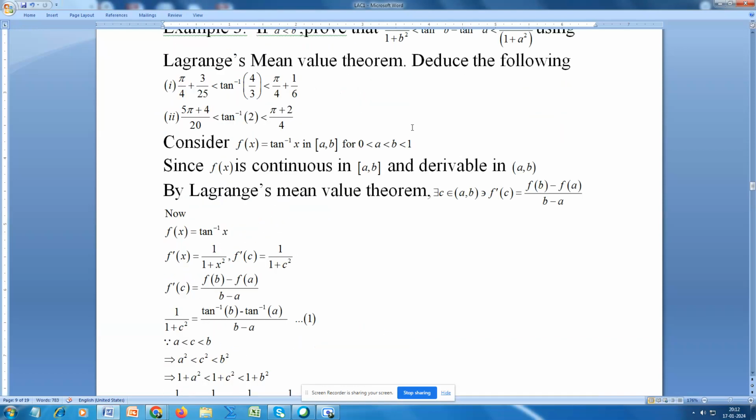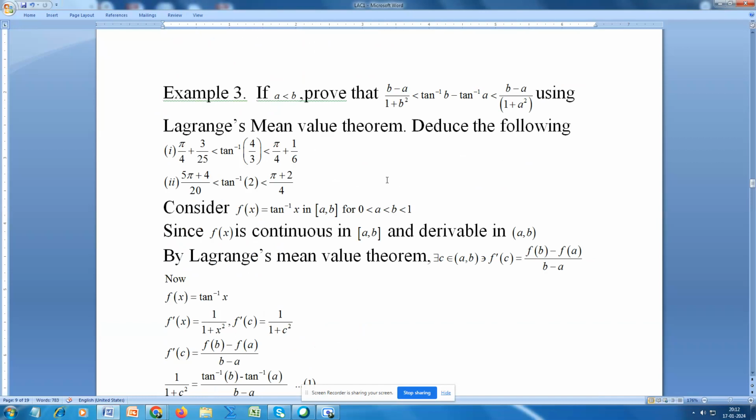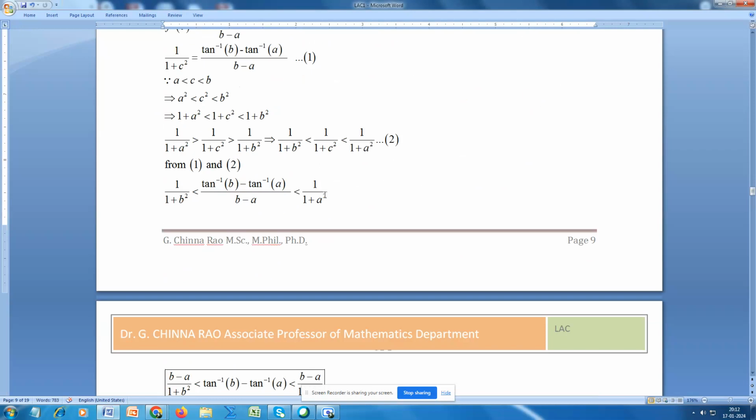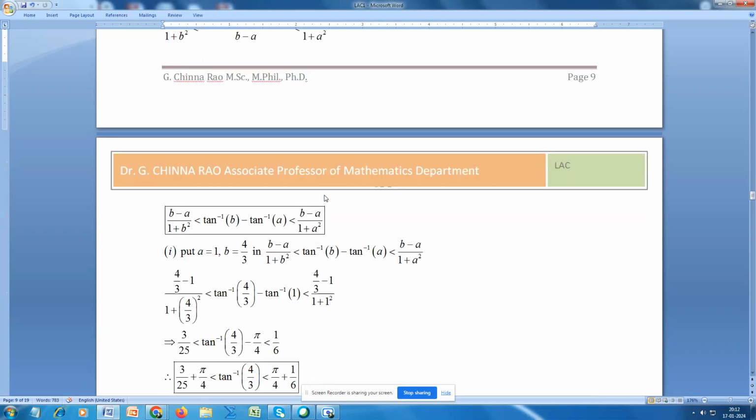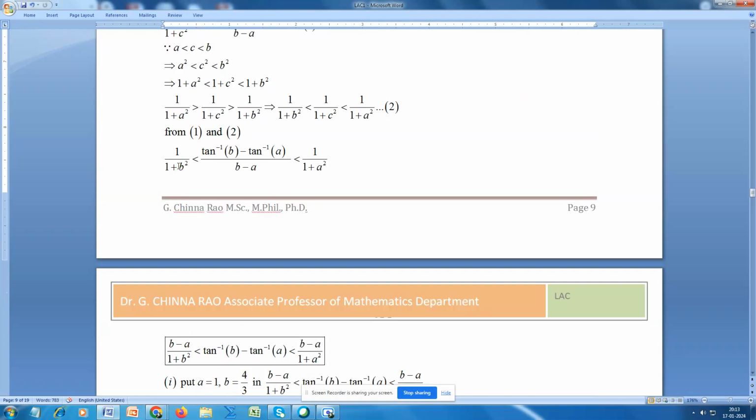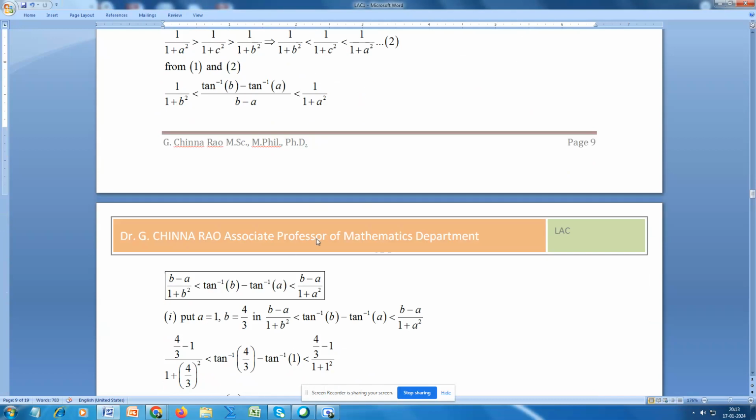What we have to prove is (b − a)/(1 + b²) < tan⁻¹b − tan⁻¹a < (b − a)/(1 + a²). So multiplying with b − a on both sides, we got the result.